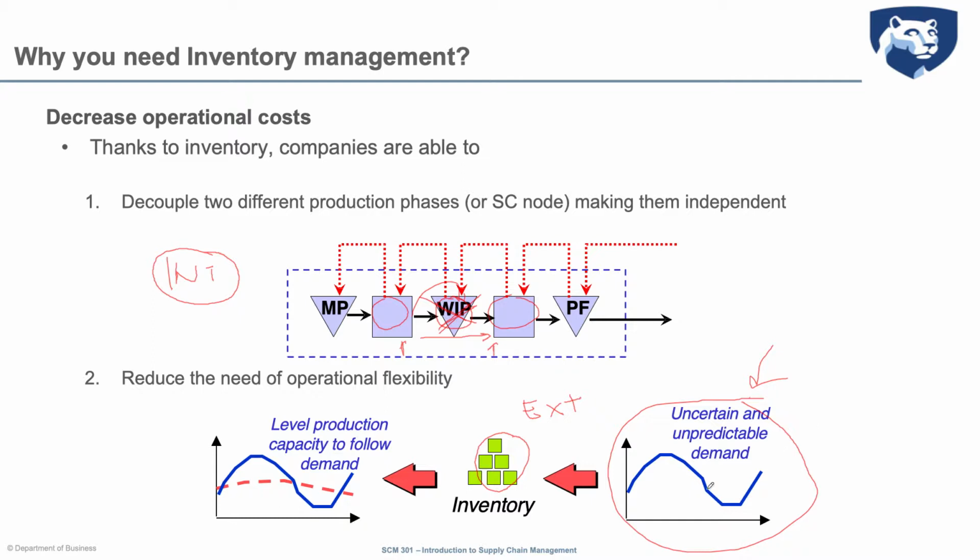Imagine you are in a context where this demand is very unstable. Whenever this demand arises, if you don't have anything in between that is able to protect you from this uncertainty, you have to be sure that your supply chain is able to react, no matter if it is a pull or a push context, to this instability of the demand.